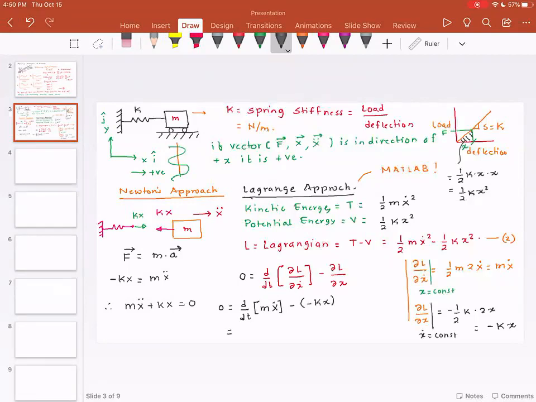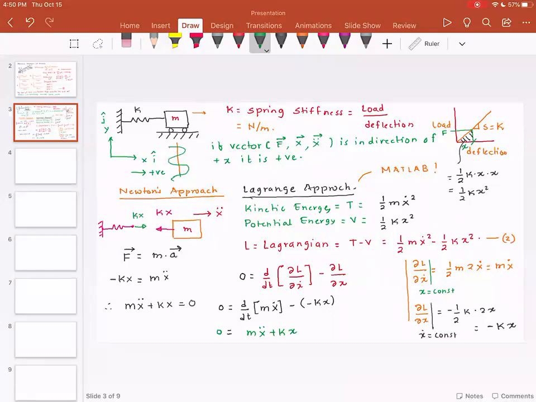Please note, this is the full derivative d by dt of m x dot. m is a constant, so that comes out of the equation, and I am left with m x double dot plus k x is equal to 0. So we derived the exact same equation which is on the left hand side using Newton's approach, and we used a Lagrangian approach to solve the exact same problem.